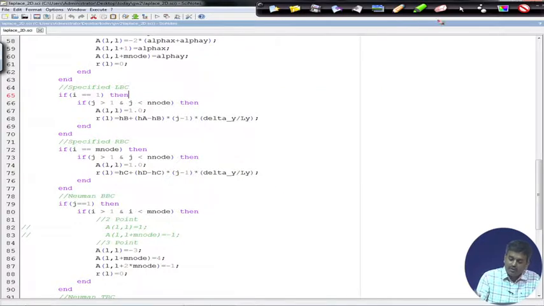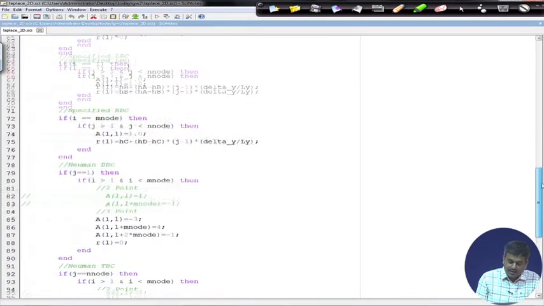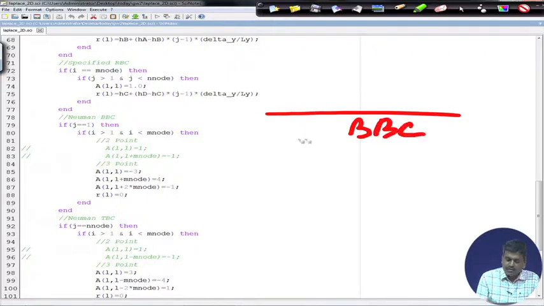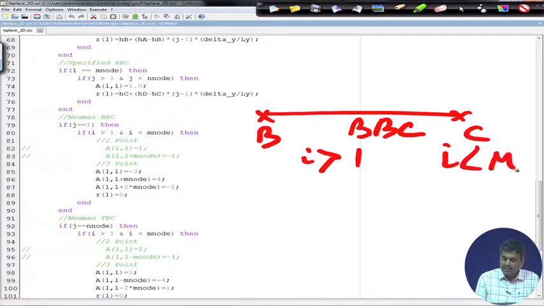And for the Neumann boundary we need to look at this. For the Neumann boundary condition, j equals 1, our bottom boundary, but we are excluding these 2 points, B and C, that is why i is running from 1 and should be less than M. Let us see the 3 point case.